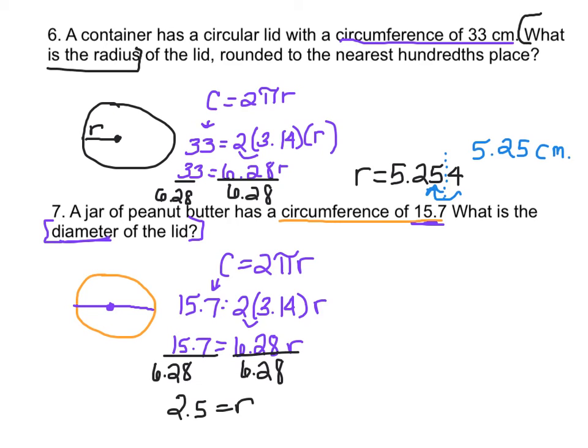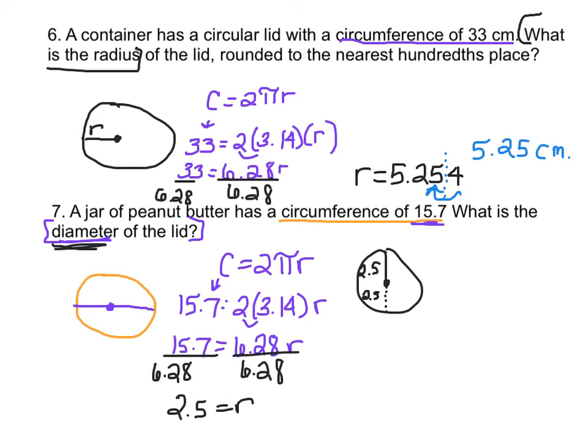Now in the past problem we were done, but that's because the problem was asking for the radius. This problem, however, is asking to find the diameter. So think back, if I have a radius of 2.5, a radius is half a diameter, so in order to get the diameter given the radius, I'm going to multiply by 2, because this side would also be 2.5.